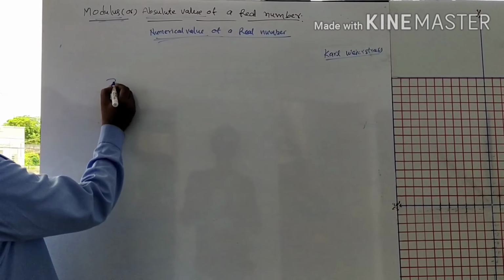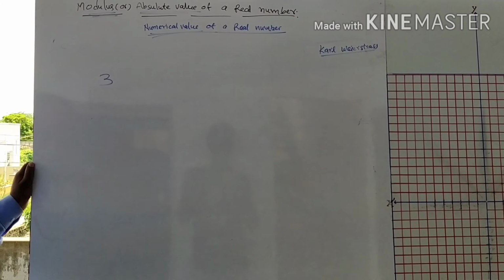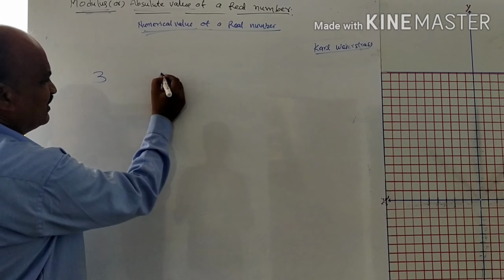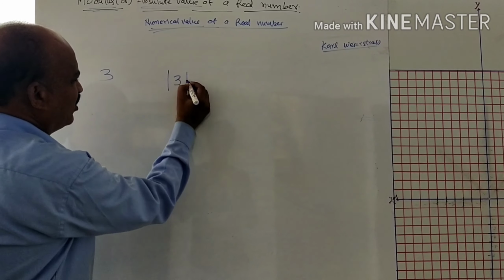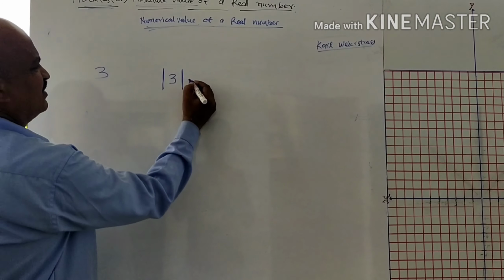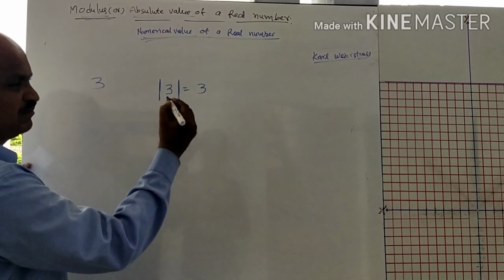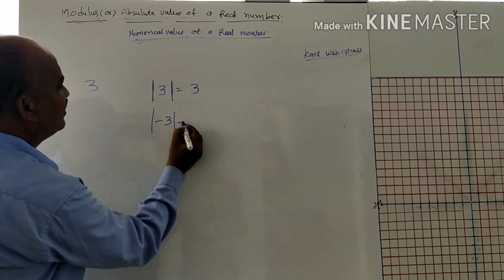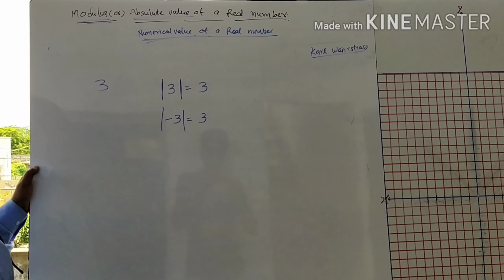For example, take 3. The numerical value is 3. It is modulus 3: numerical value, absolute value or modulus. Modulus 3 equals 3. Modulus minus 3 is also 3. It is a numerical value.